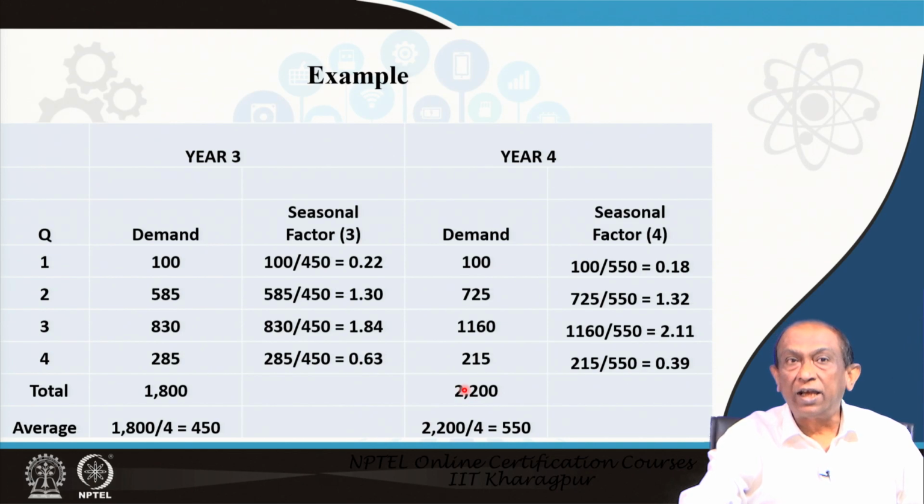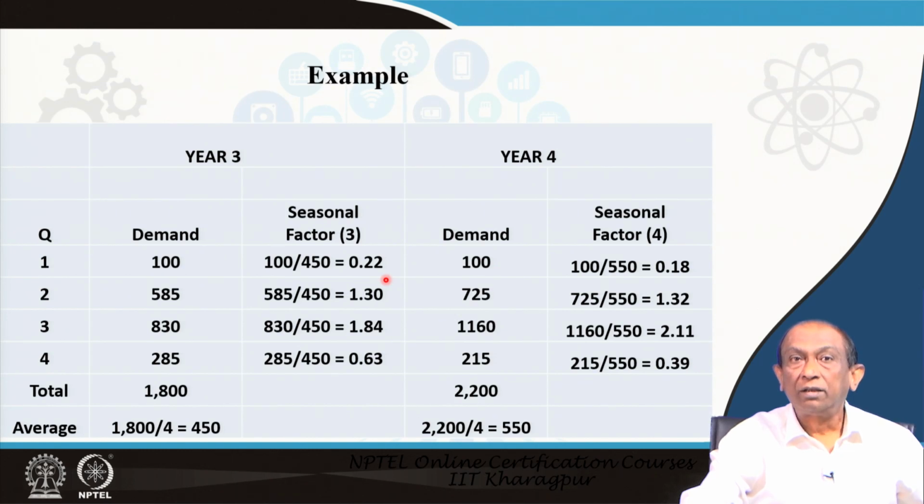So, for each year, we compute the seasonal factors for every quarter, and then what we do? We take these seasonal factors for every year for each quarter and then compute the average of that.